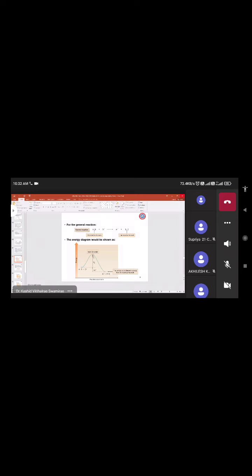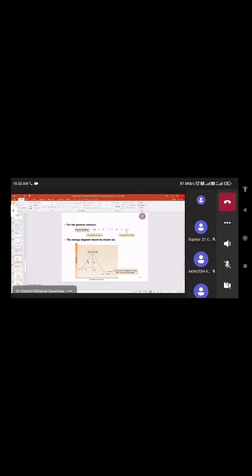Yes, it will be high, right? So your energy diagram, or energy profile diagram, itself shows the energy state, whether it is high or low, as compared to your product or starting material.